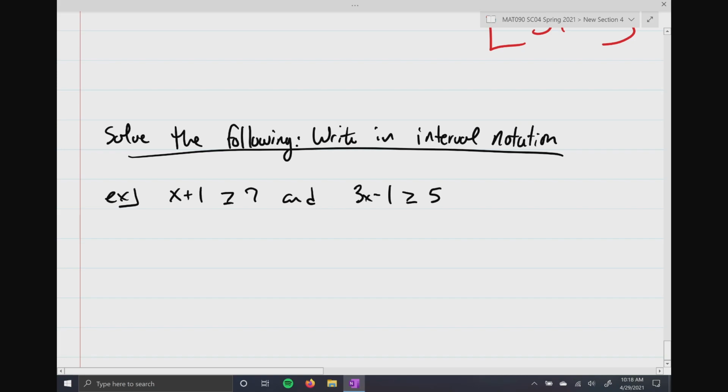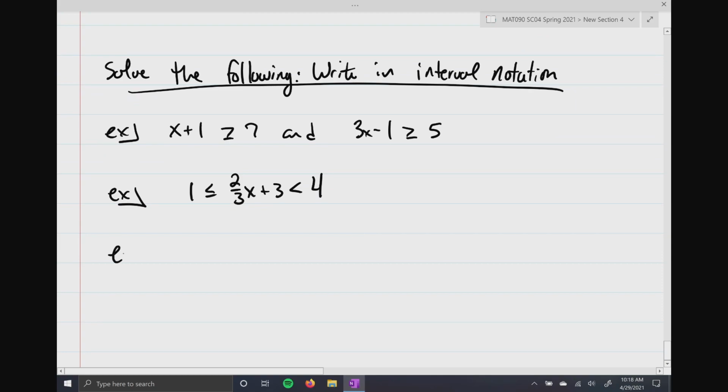All right. Do that one. Do the double inequality. Oh, I'm gonna throw a tough one at you here: 1 is less than or equal to 2 over 3 x plus 3, which is less than 4.